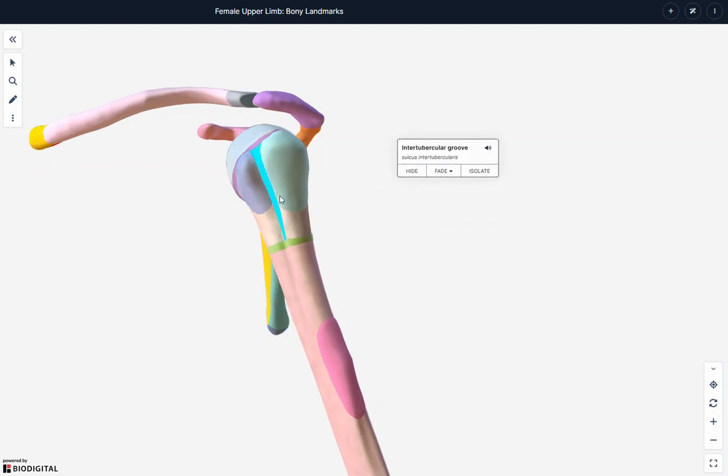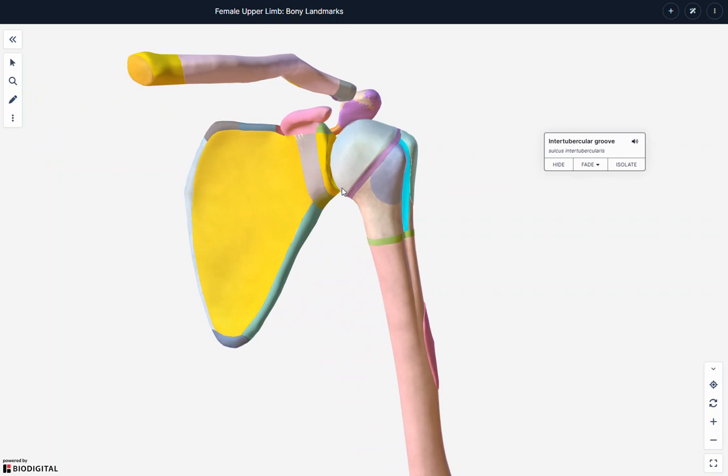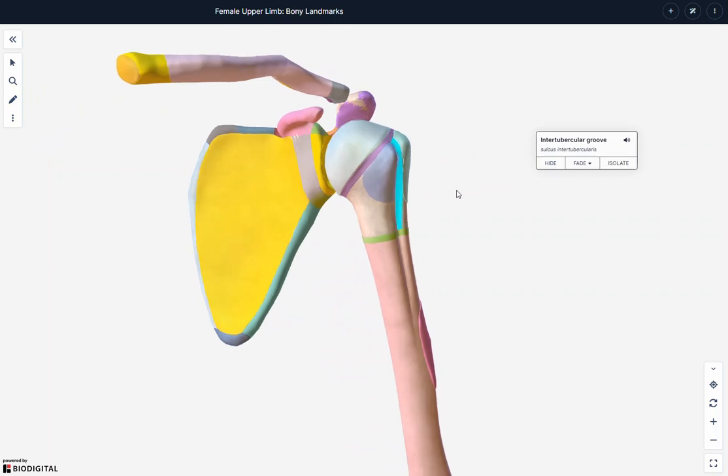So you can see how in our x-rays, depending on the position that we place the arm in, those structures are going to look different, and we're going to describe those structures differently depending on what x-ray we're looking at. We need to be able to find the greater tubercle in an x-ray, and if the greater tubercle is in profile laterally, then the arm was rotated out laterally, with the thumb pointing away from the body.